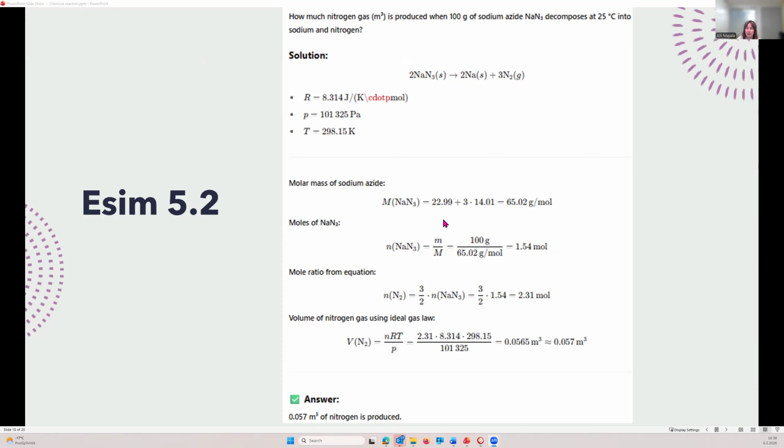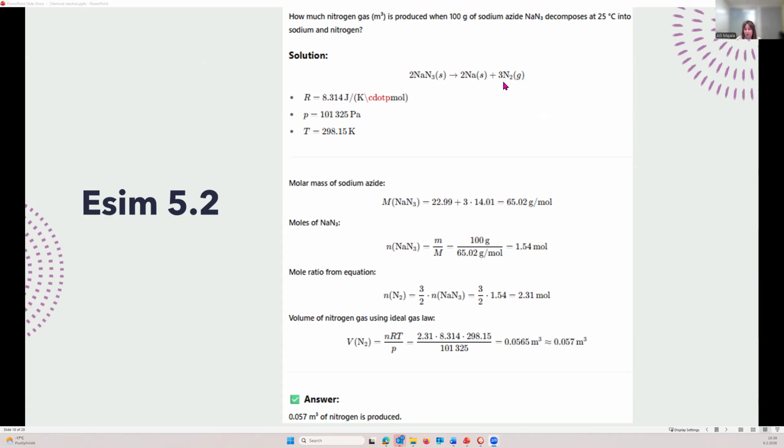I can calculate the molar mass, and from that I can calculate the moles of this reactant, since I knew the mass already. I get the moles, and then from the molar ratio, from 2 moles of this reactant I get 3 moles of this product that I was interested in.